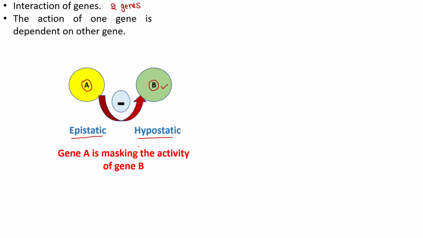Here, gene A is masking the function of gene B. So, A is epistatic and B is hypostatic gene.